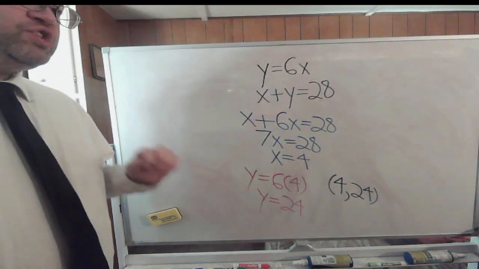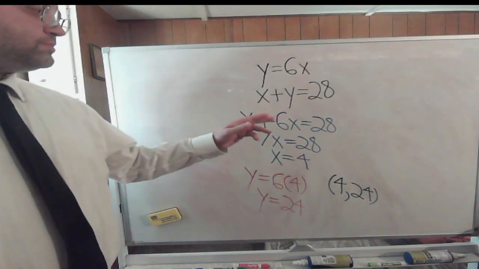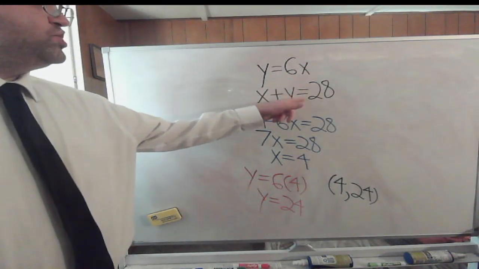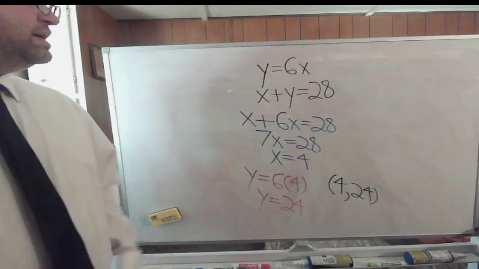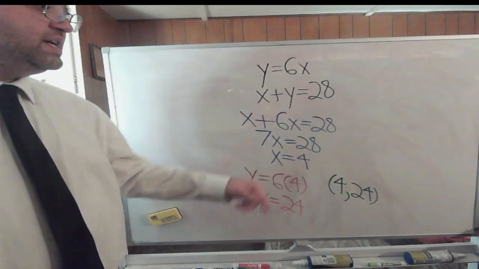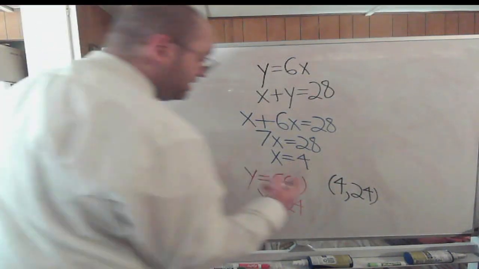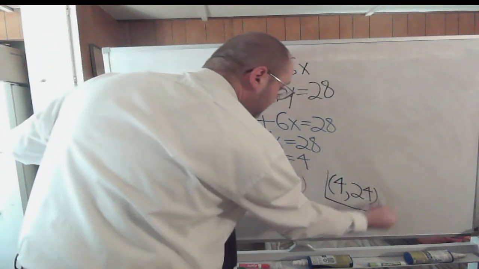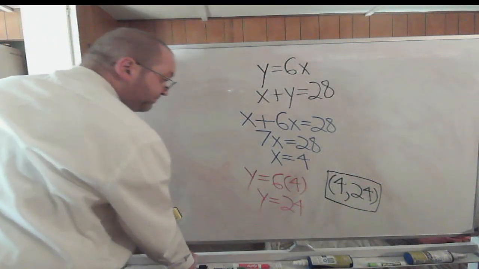If you want to check your work, stick the x value into each equation and you should get the y value of 24 out. It doesn't matter which equation you stick it into, you should get the same y value every time. So the ordered pair you should get to solve this system of equations would be (4, 24).